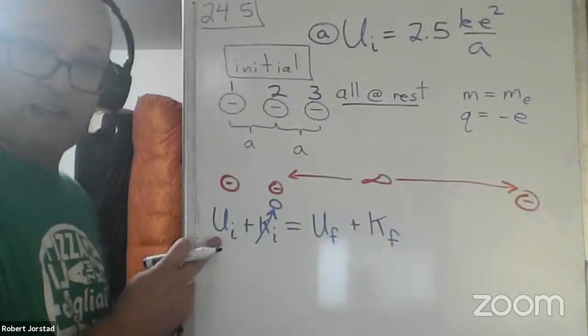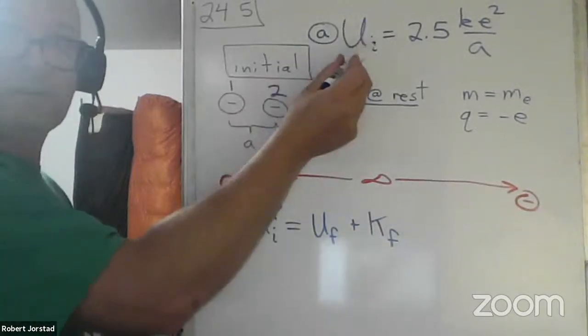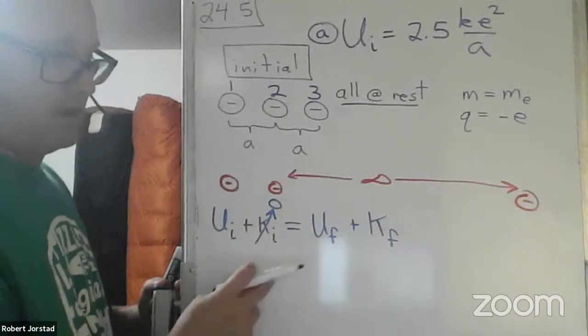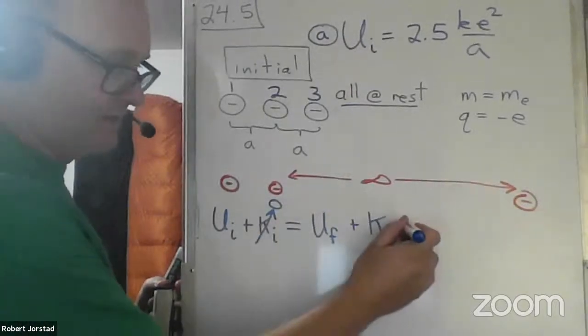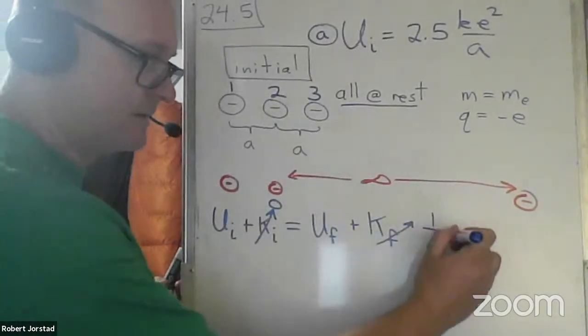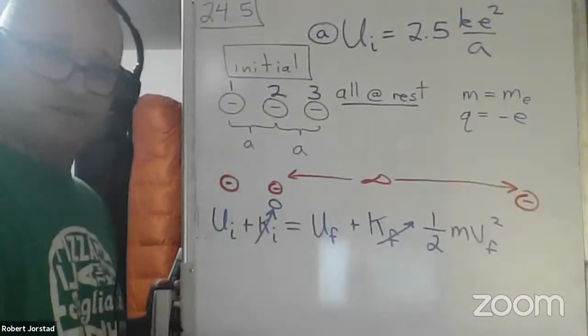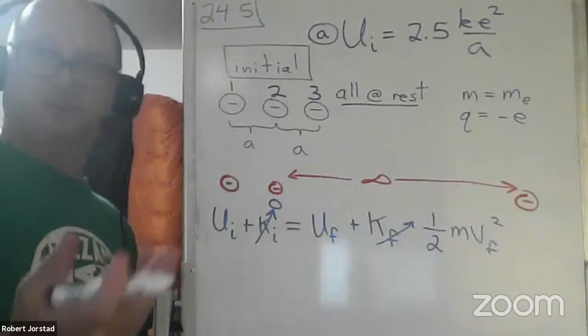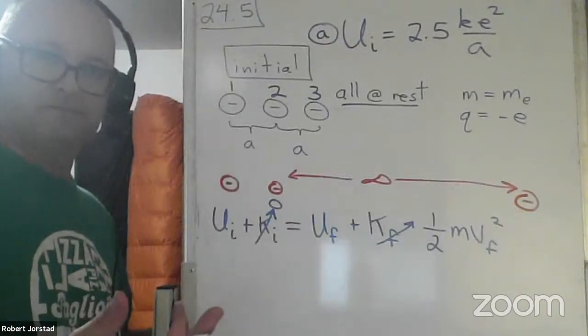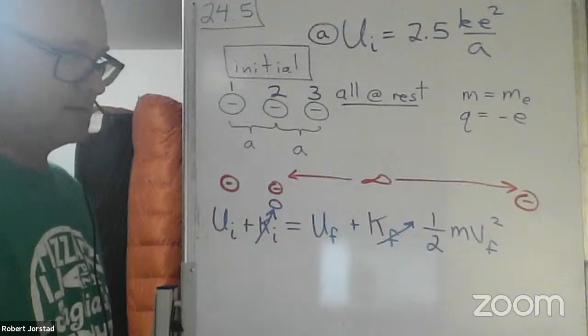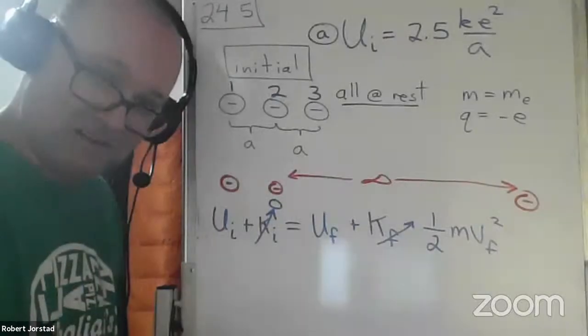The initial potential energy, I got that from the earlier work. The final kinetic energy is going to be 1/2 m v final squared. So all we need to do is figure out U final. What's U final in this case? Zero or non-zero? Say zero. And that's what everybody says. And that's what's wrong.